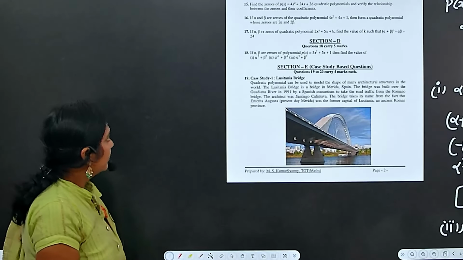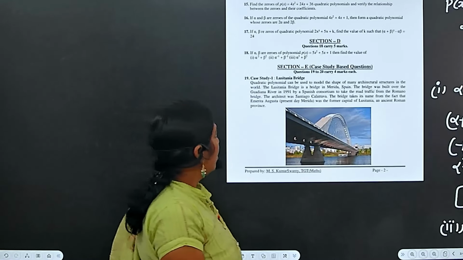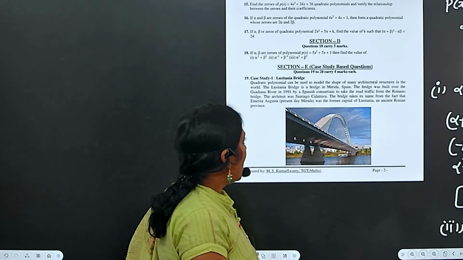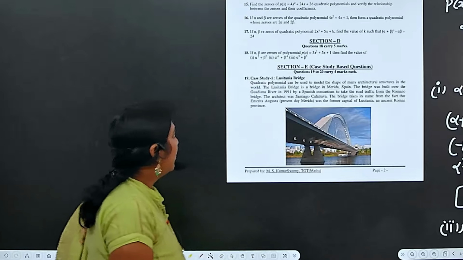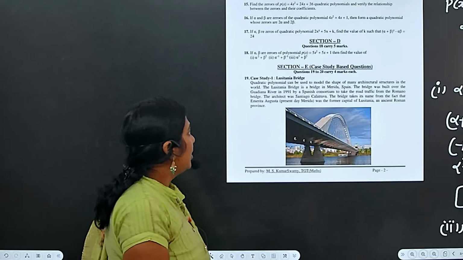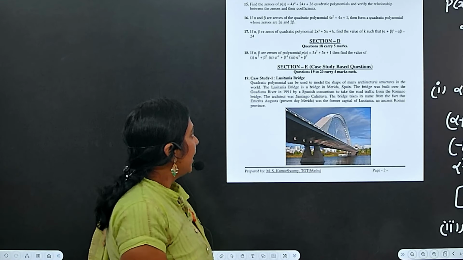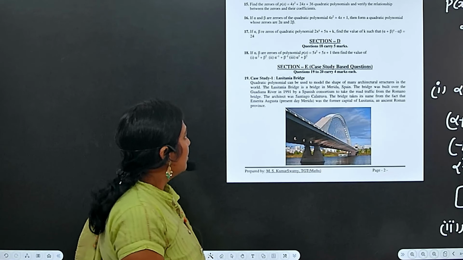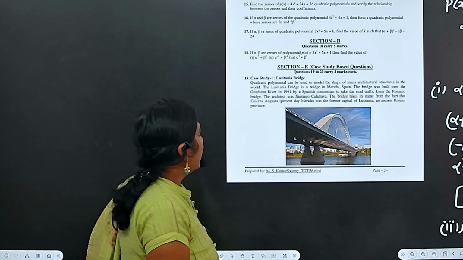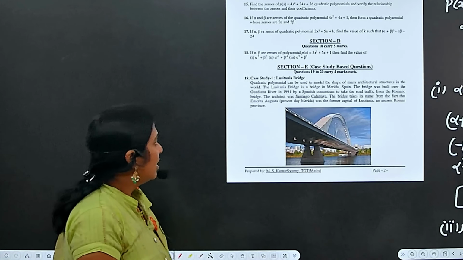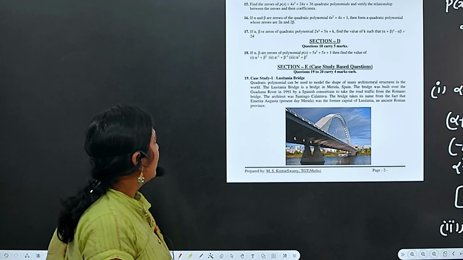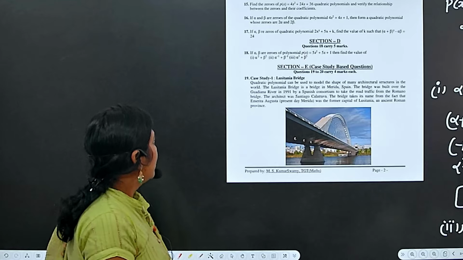Case study. Quadratic polynomial can be used to model the shape of many architectural structures in the world. The Lusitania Bridge is a bridge in Merida, Spain. The bridge was built over the Guadiana River in 1991 by a Spanish consortium to take the road traffic from the Romano Bridge.